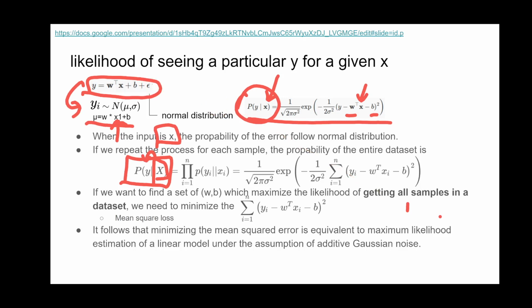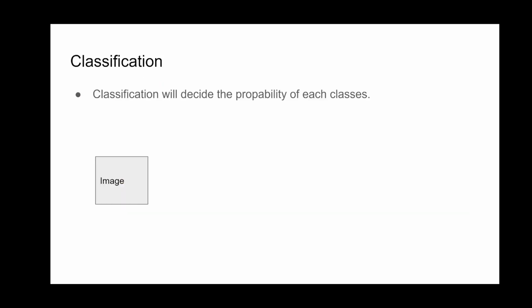Okay, so now we know why we use the mean square error for the regression problem. The second kind of task in deep learning is the classification problem.